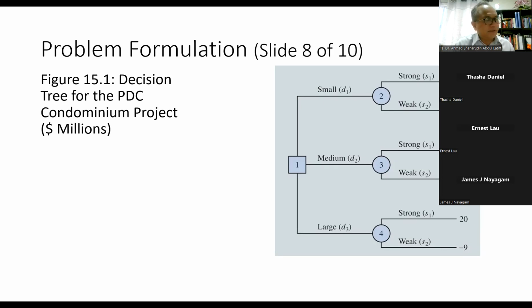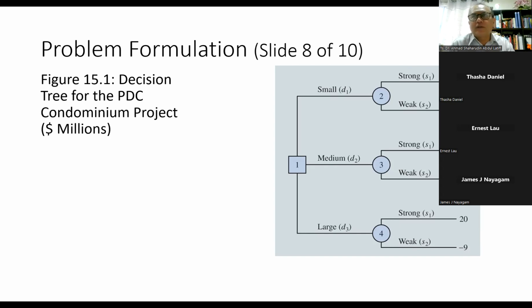So your recommendation to your board will be, if we suspect that there will be a strong demand, we should do a large complex, where with strong demand we can have a return, or we call it payoff, of 20 million. We will build 90 condominiums.